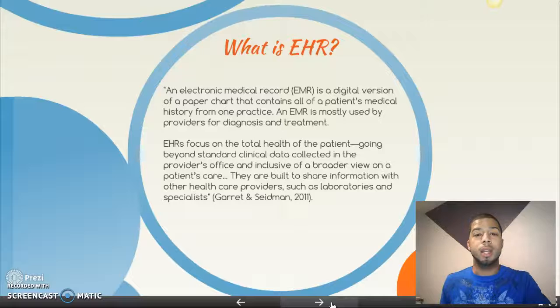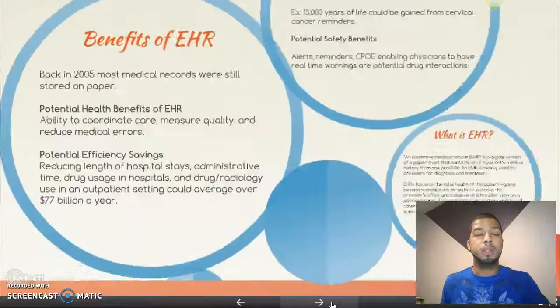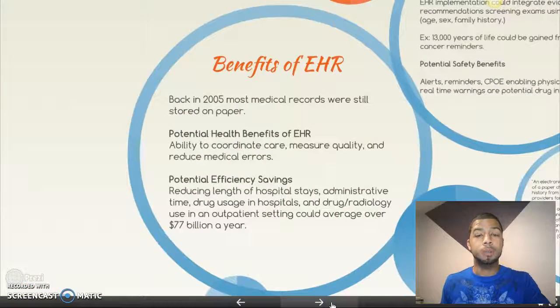So, as we now have the understanding of the difference between EHR and EMR, I want to go ahead and move into the benefits of EHR. I previously did a presentation earlier this semester that opened my eyes to the fact that paper records were still pretty heavily utilized even as recently as 2005.